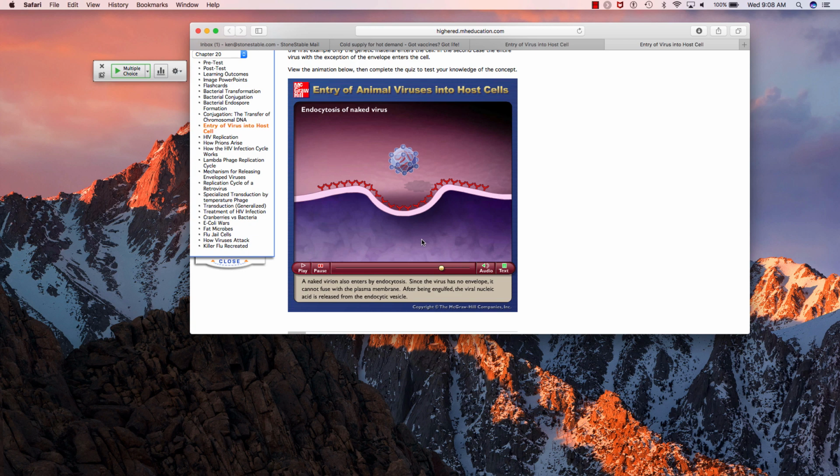Naked viruses, and there are definitely some of these that have naked virions, can't immediately fuse with the plasma membrane. There's no way that they can do that. So there are a number of different ways that they have to get through the plasma membrane. Again, probably the most common is receptor-mediated endocytosis. And receptor-mediated endocytosis, by the way, these are all cellular processes.